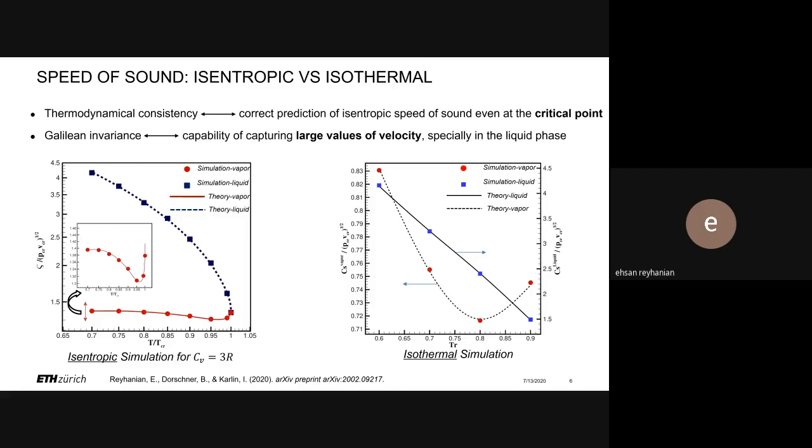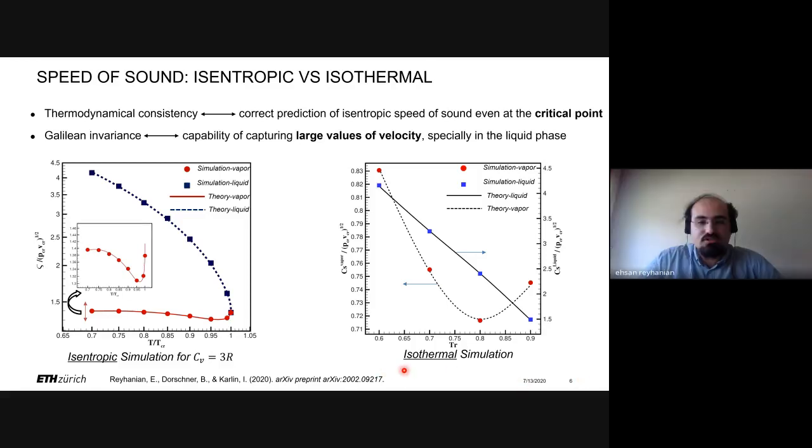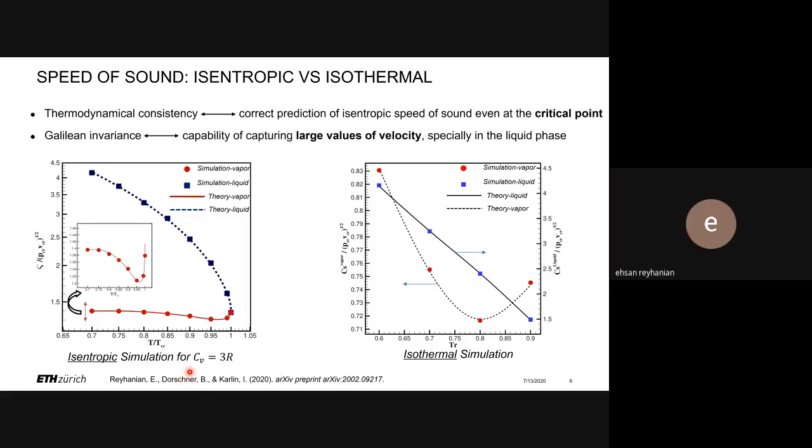As I said, our lattice is a 9-velocity lattice. And here I present the simulation of the speed of sound in two different setups. The first case is an isothermal simulation, while in the second case, the energy conservation is also taken into account.